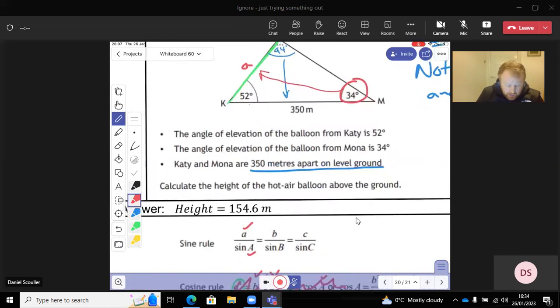We've got one of the sides. In this case we've got 350 metres. We've got that bottom side. Can we work out the angle opposite that? The answer is yes. So we can use the sine rule to find an unknown. In this case, it's going to be A. Everyone comfortable with that sort of process?